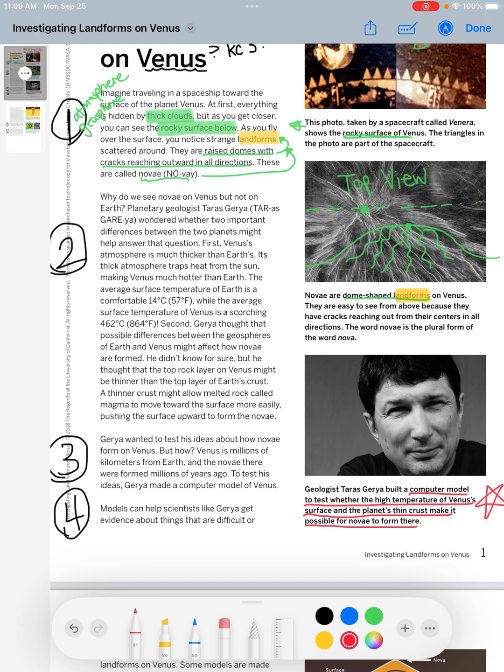And then anything else that you think is interesting or that reiterates some things that we've been talking about, geologic processes, or any kind of atmosphere or geosphere, or if he's going to compare temperature of Earth versus Venus, go ahead and underline those or highlight those in green, and right next to them, write a word or two just to remind you of what you were thinking when you highlighted that. Okay?